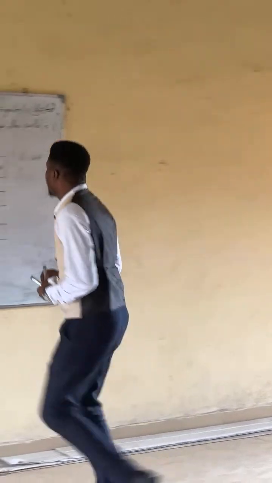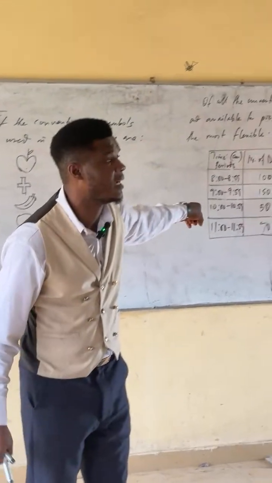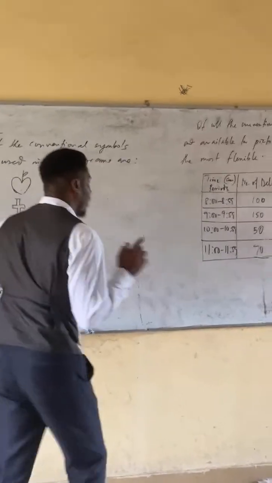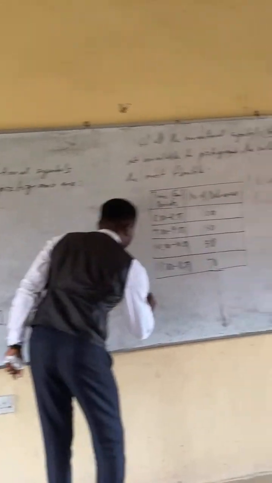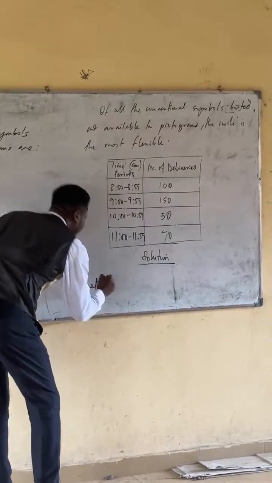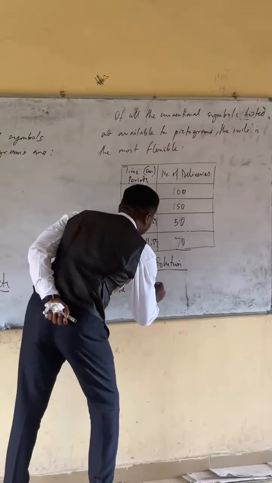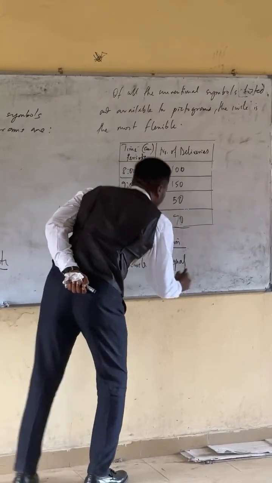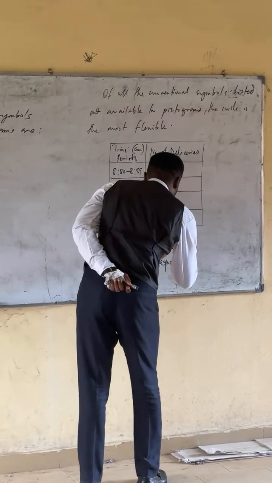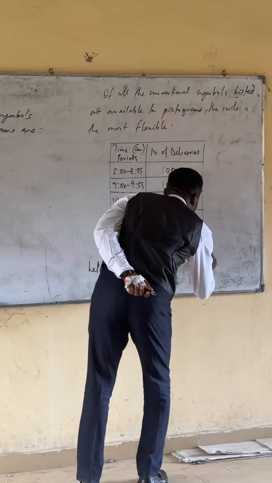Now, if I tell you to use a pictogram, please take note, everybody. For you to use a pictogram to describe this data, you must first of all choose your own suitable key. So in this example, as my solution to the problem, I'm going to say, let one circle be equal to 20 deliveries.